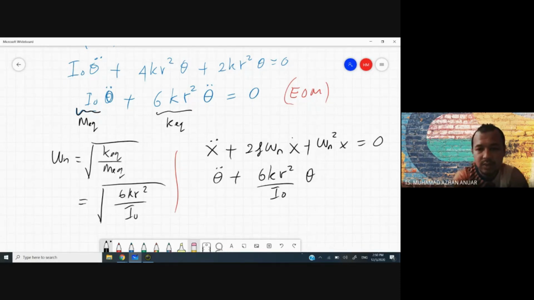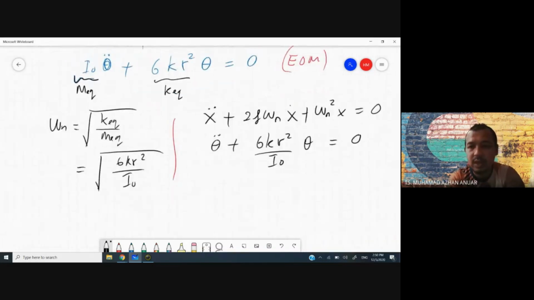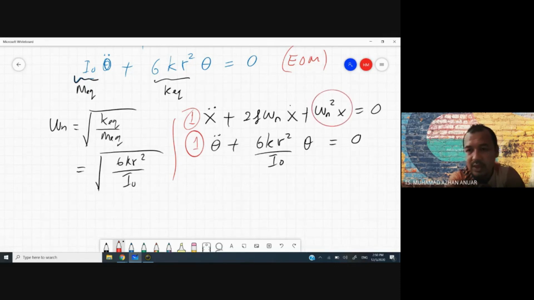Oh, this one is not double dot, sorry. So you can see this is 1, this is 1, and we compare these terms. Since theta dot does not exist in the equation, we disregard the x dot terms.